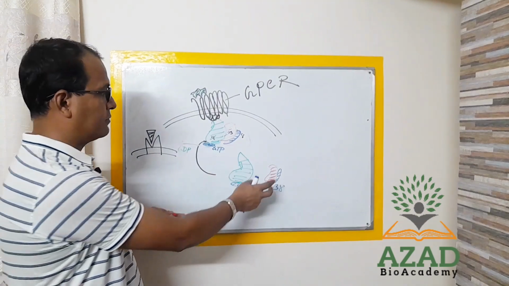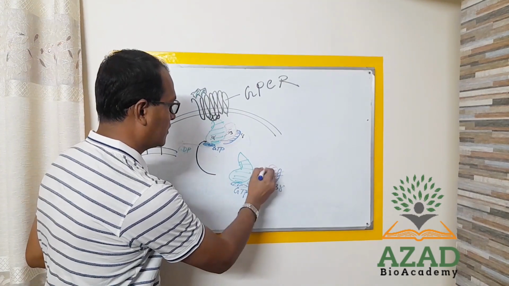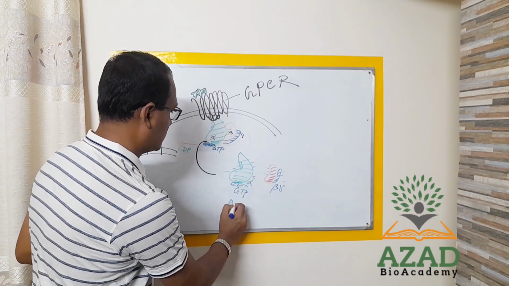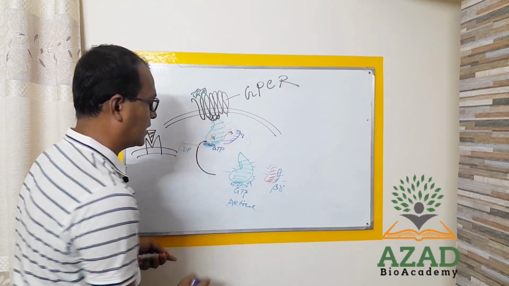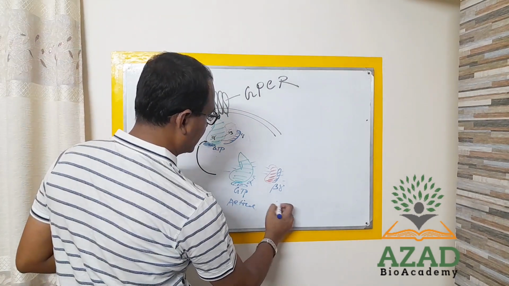The beta gamma complex will be separated, and that is also active, and this one is also active. So this is the active G protein alpha, and this is the active G protein beta gamma.